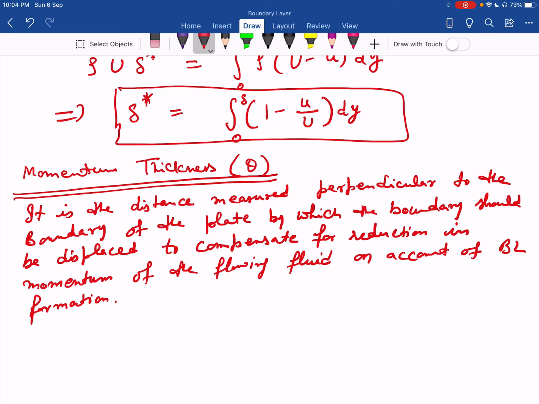If we flow that stream above a plate, there is a formation of boundary layer. According to that formation of boundary layer, there is a loss of momentum. That loss ultimately gives us the thickness, and that thickness we represent as the momentum thickness.